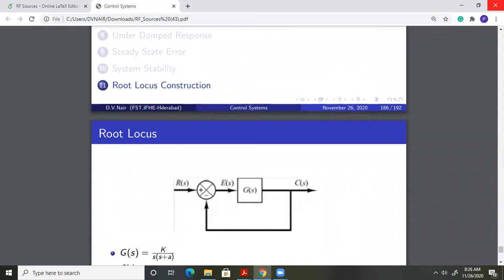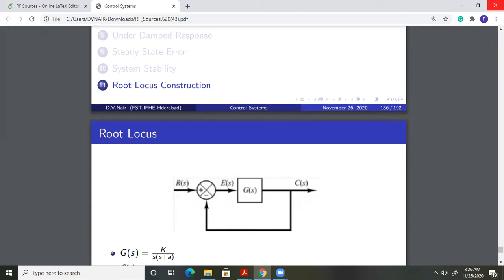But today, let us keep before us the techniques which are involved in constructing a root locus. It's something very important. This technique was developed around World War II, in the 1940s.